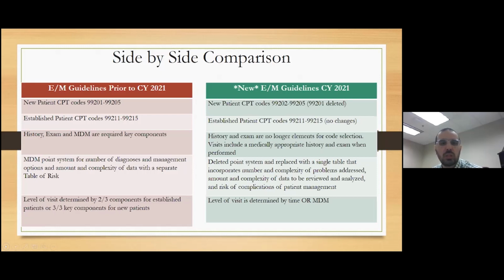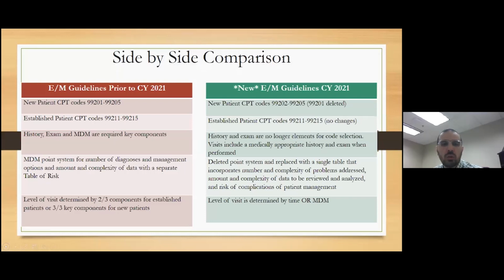So 99201 was deleted and no longer exists in the new guidelines. For the calendar year 2021, there are established visit codes from 99211 to 99215, which are the same as in the past.